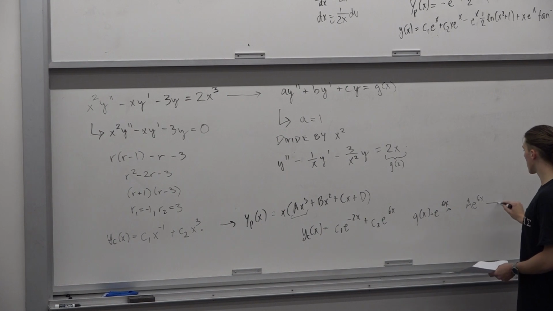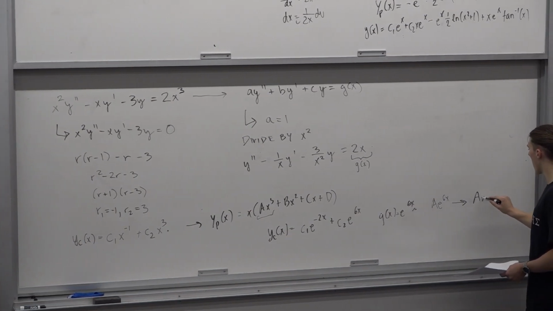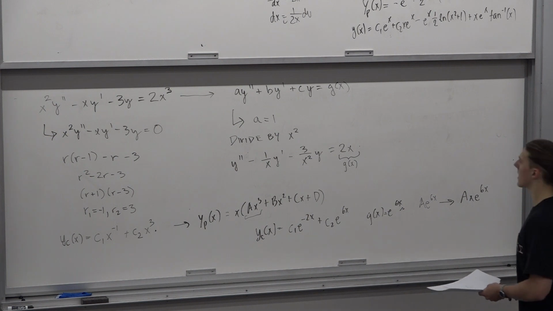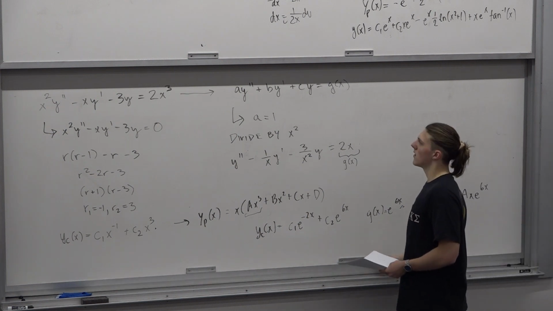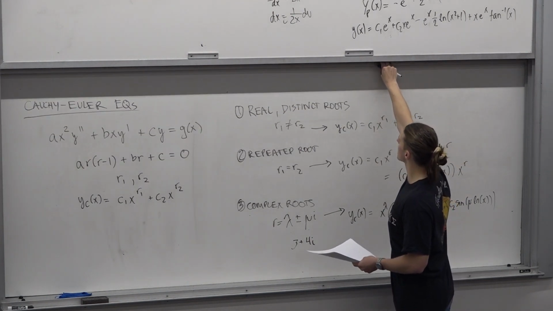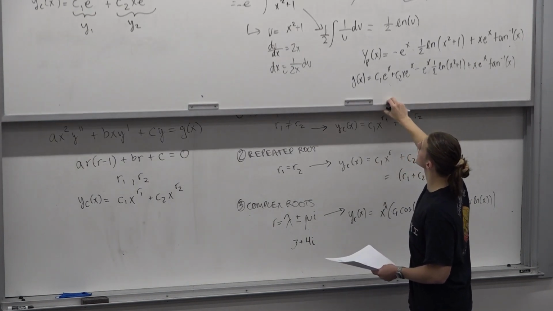So what we had to do is multiply this by x. So that was our guess. So this is very similar. But that's for undetermined coefficients. We're going to solve this one with variation of parameters.